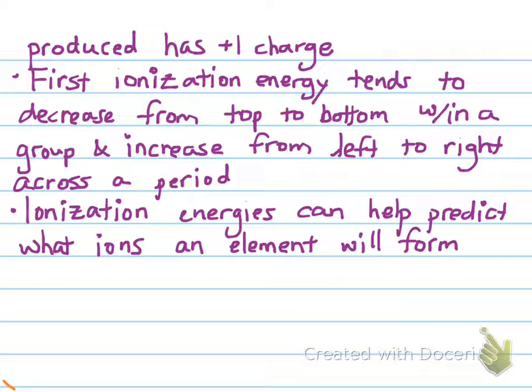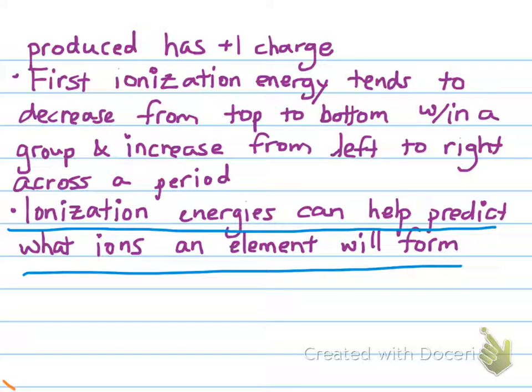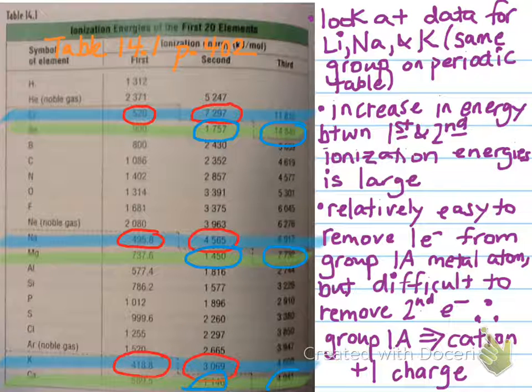So remember back here I told you that the ionization energies can help you predict what ions an element will form. Well, what I mean by that is where you see this big jump in the amount of energy required, that means you're going from pretty easy to remove an electron to really hard. And so beryllium doesn't mind losing 2 electrons, but it doesn't want to lose a third, which means beryllium typically is going to form an ion with a +2 charge. Okay, so that's kind of what this chart is showing you.